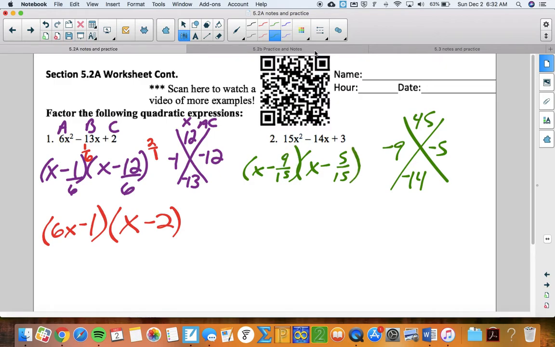Simplify it. This is going to become 3/5. Should write this bigger so I have a little more space. This is going to become 1/3.